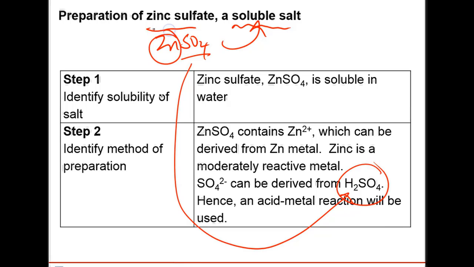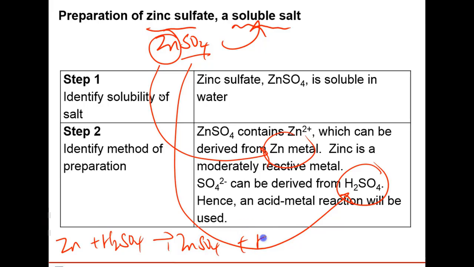The zinc component, we can directly use zinc metal because this is moderately reactive. So we can write the simple equation: zinc plus H2SO4 gives zinc sulfate plus hydrogen gas. This is solid, this is aq, this is aq, and this is gas.